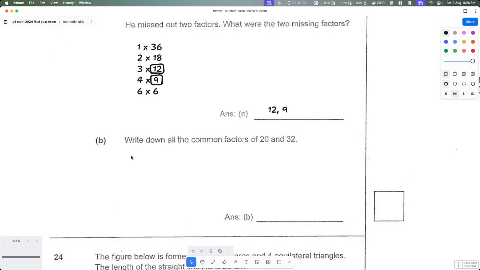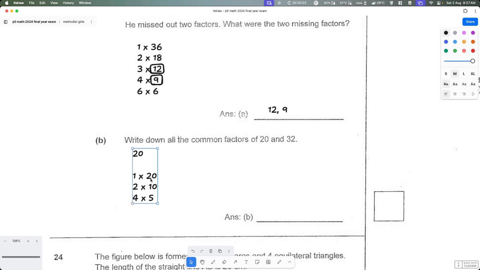Question number 23, part B. Write down all the common factors of 20 and 32. Okay, so we can list down the numbers for 20 and 32. So in this case, for 20, it will be 1 times 20, 2 times 10, 3, 4, 4 times 5, 5, 6, 7, 8.